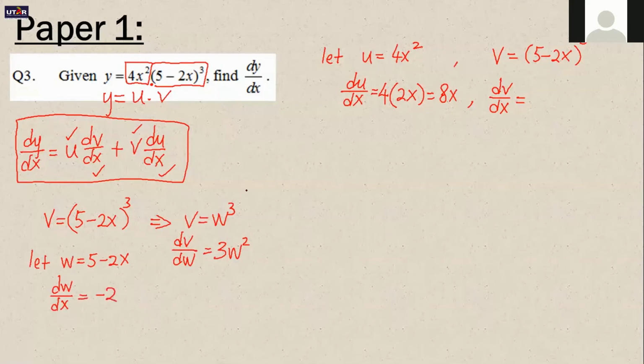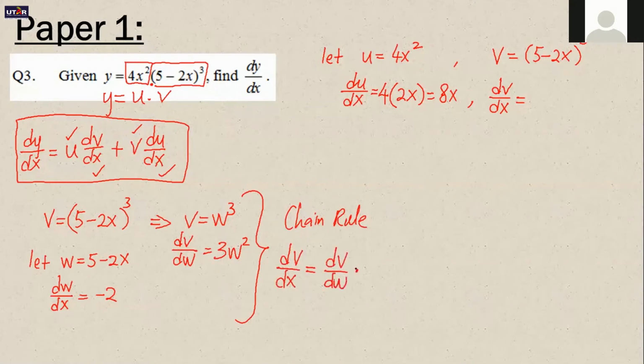So by using the chain rule, we know that dv over dx will equal dv over dw multiply dw over dx. So dv over dw is 3w squared, multiply with negative 2. So we have negative 6w squared.